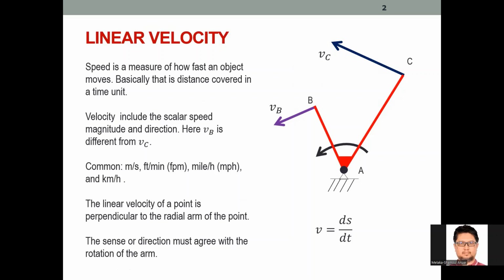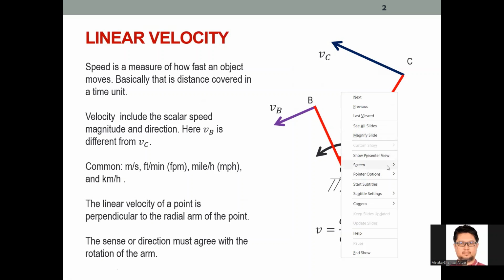Whereas velocity is not just the magnitude that matters, but also the direction. So velocity has speed as well as the direction of the speed. VB is the velocity of point B, whereas VC is the velocity of point C.